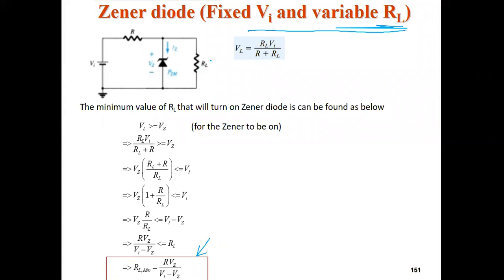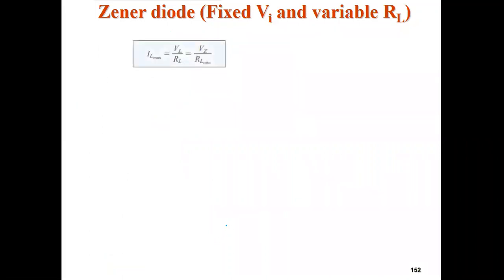So obviously if RL goes down, this net voltage VAB will go down. So at a particular RL value this VAB will be less than VZ. At that time the zener will be off. So there is a minimum value of RL for which the zener will be on. That RL minimum is given by this thing. So you have to use that here, and the other parameters are also calculated.